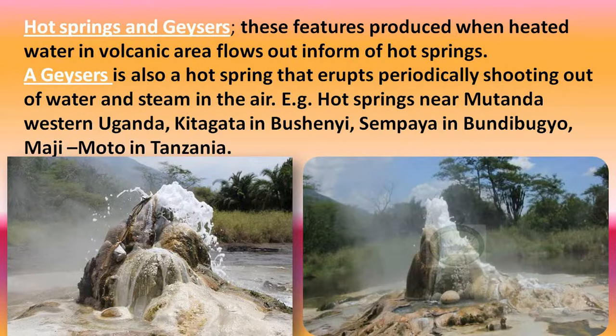So these are pictures trying to show us the water springs. Later in this lesson we shall have a video about them. You can see this is really hot water. You can see even the steam here.